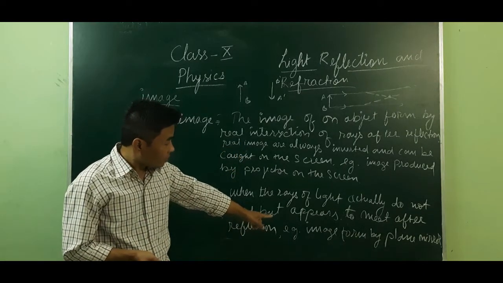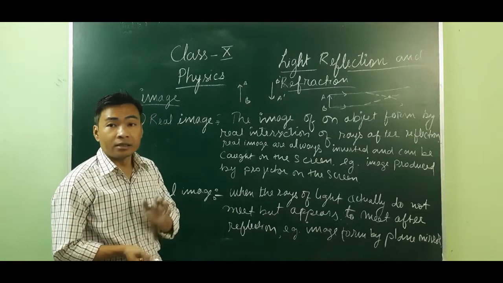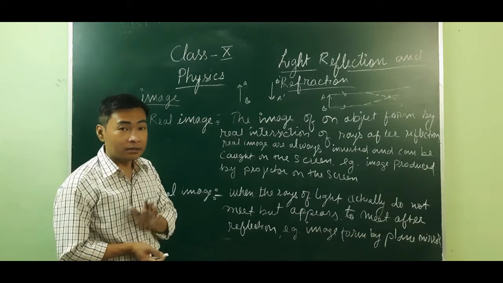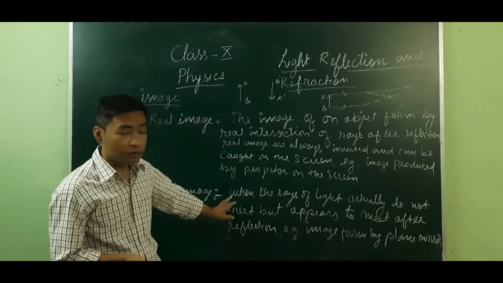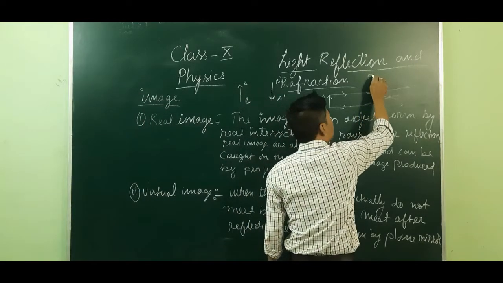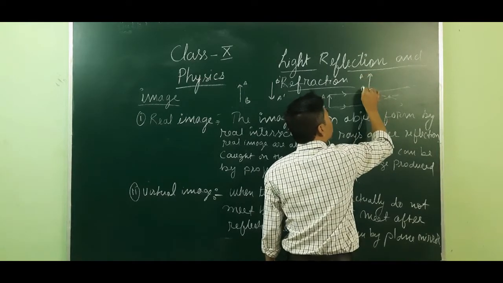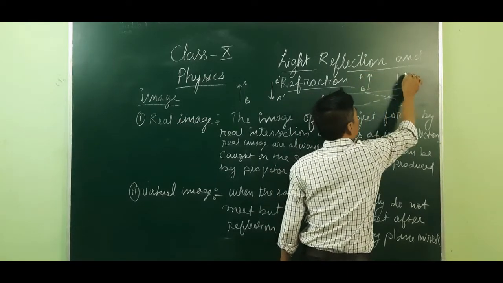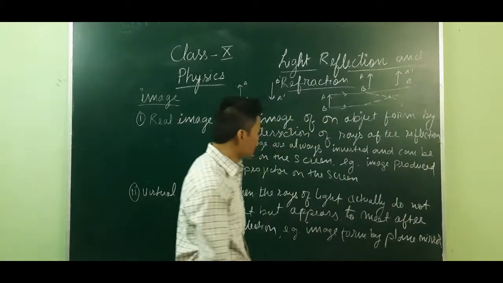An example is the virtual image formed by the plane mirror. I'll tell you how. And one more thing you need to remember is that in case of a virtual image, the image is always standing. For example, this is the object AB, the image will also be A dash B dash, standing like this, erect.